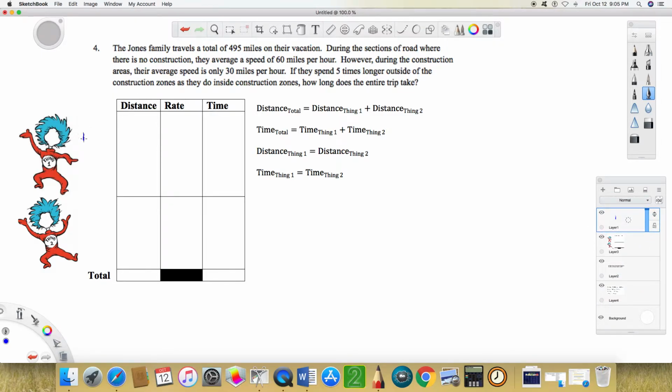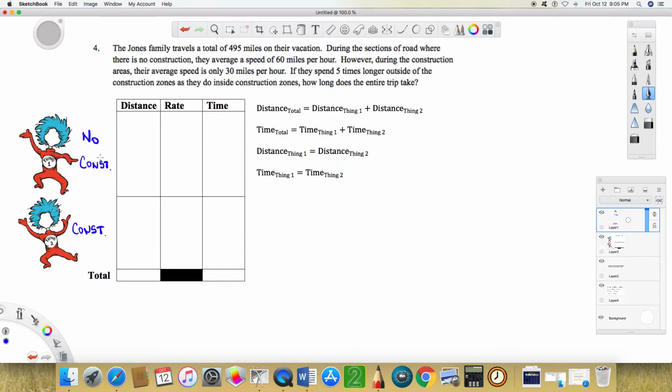Okay. No construction in our construction zone. That's what I'm going to call thing one and thing two. Now, if your thing one and thing two is the reverse of that, that's fine. All right. So complete the table and then press continue.